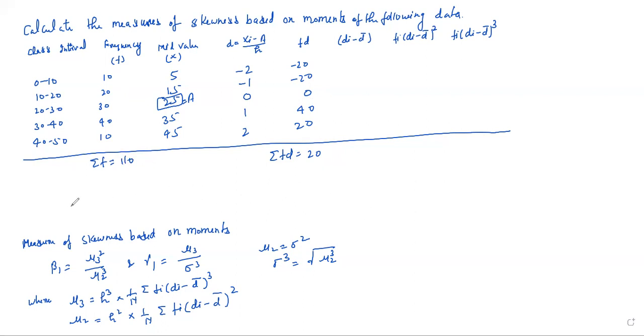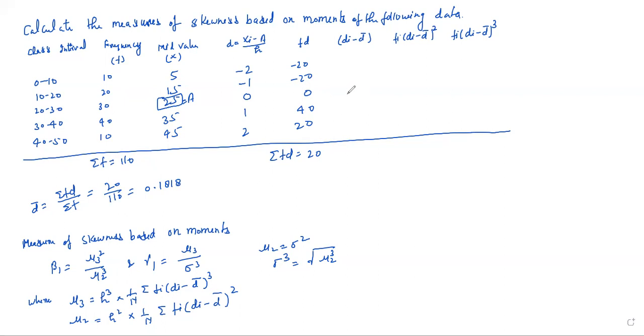So d bar is equal to summation fd upon summation f, which is 20 upon 110, and this is 0.1818.